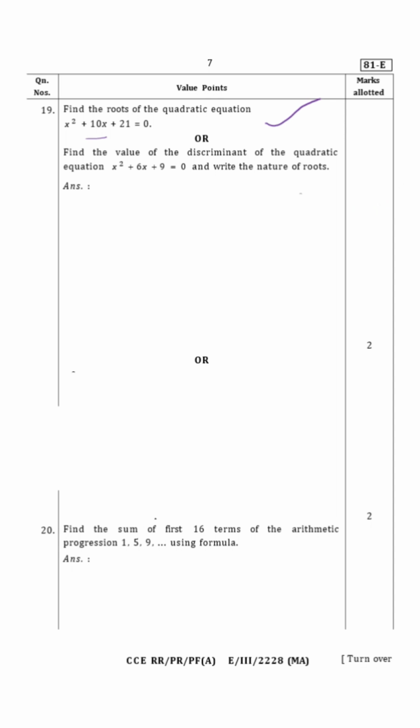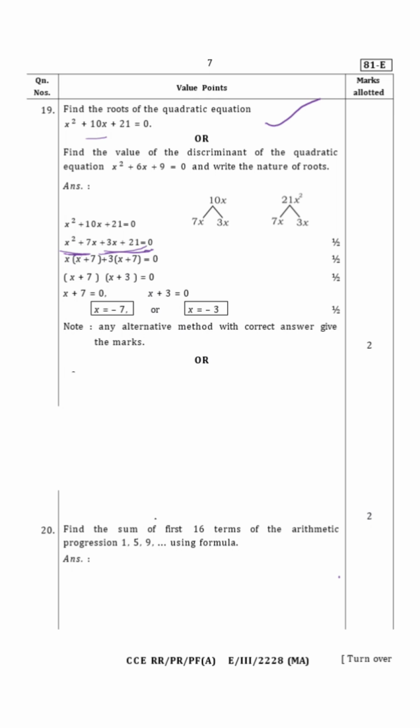Then we can group them like this. Here x is common in this group, and in this group 3 is common. Take x common: x into x plus 7. Here 3 is common: 3 into x plus 7.